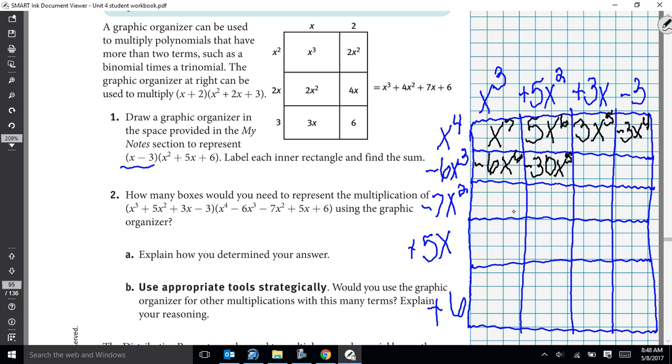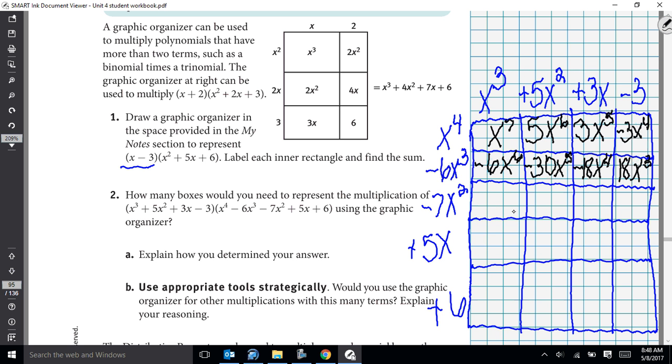And in this box here, we have negative 6x cubed times 3x. This box, we have negative 6x cubed times negative 3. All right, so far so good.